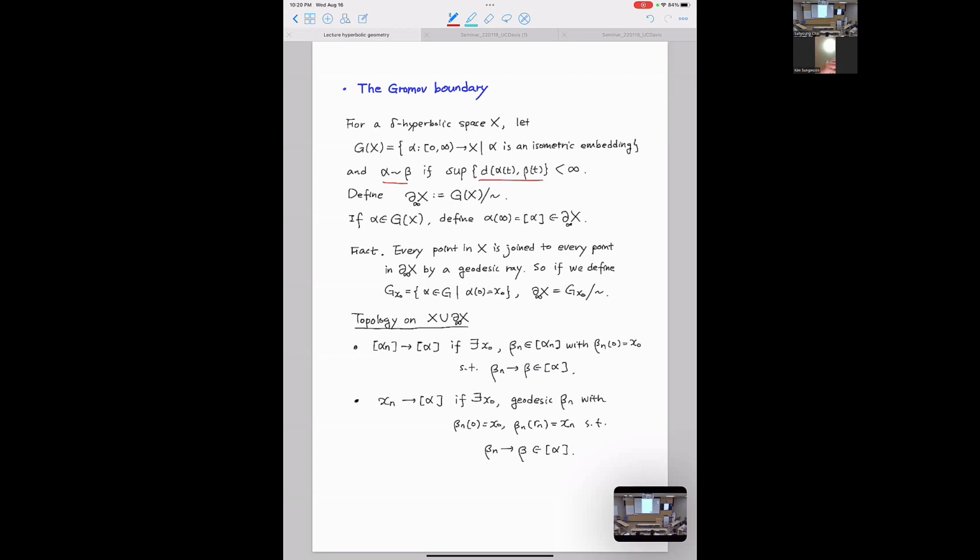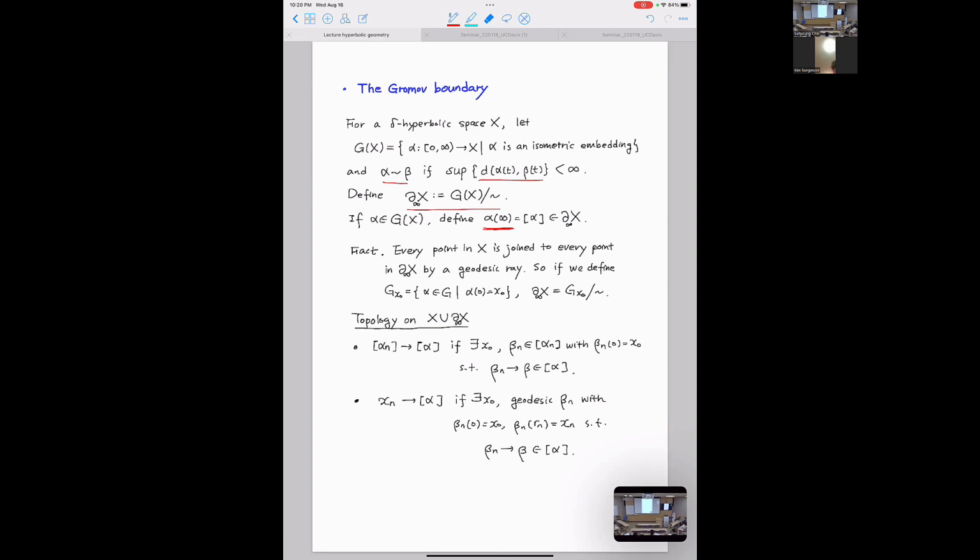We call the space of all equivalence classes the group boundary of the delta hyperbolic space X, like this. And we also denote by alpha infinity the equivalence class of alpha in the group boundary.